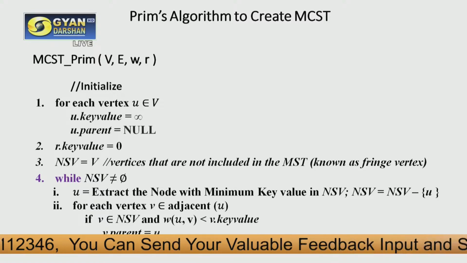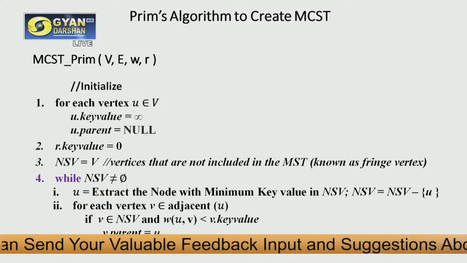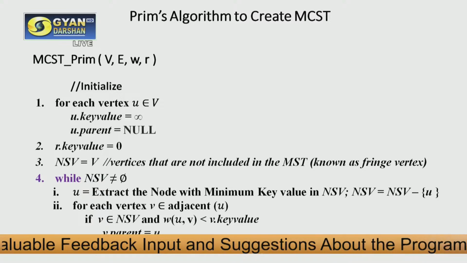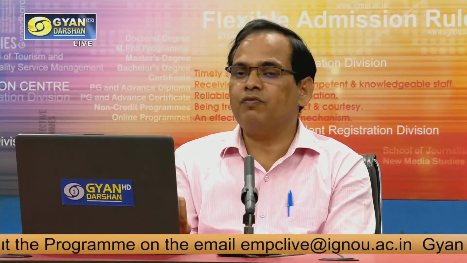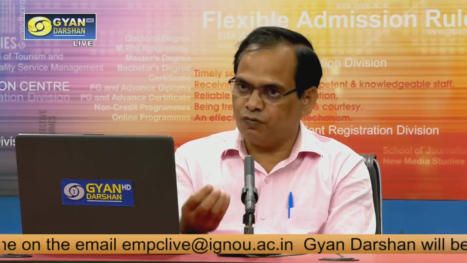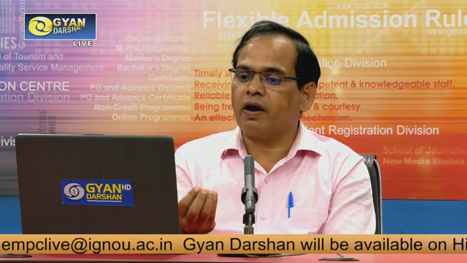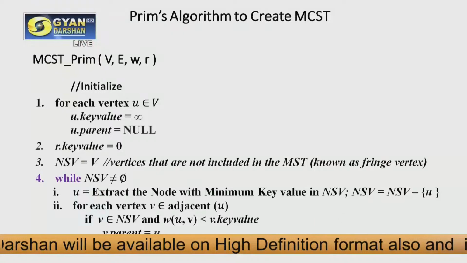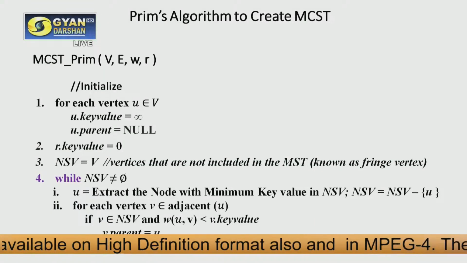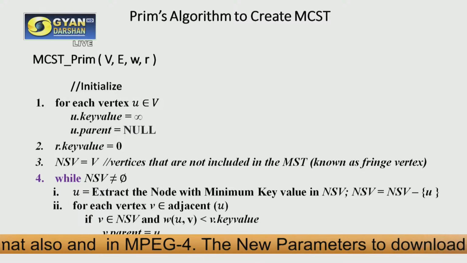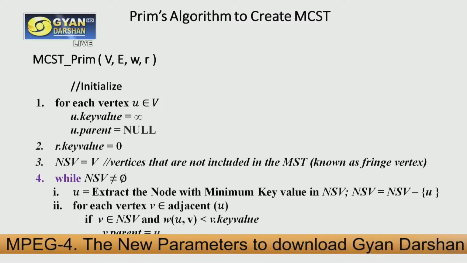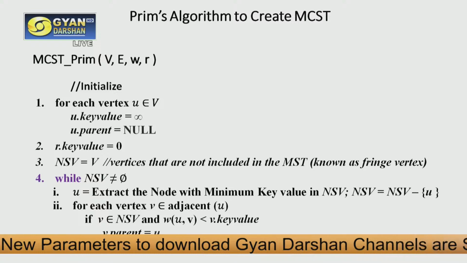That is, if the weight from parent A to node B is say 10 and from another node the weight is say 4, then we will modify the weight as 4 because it is lesser, and accordingly we modify the parents also. So in that case V's parent will be U and the new value of V will be the weight from vertex U to V.